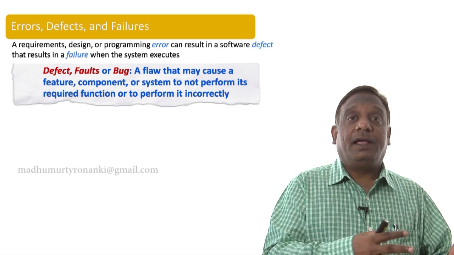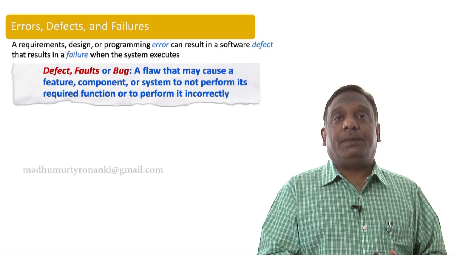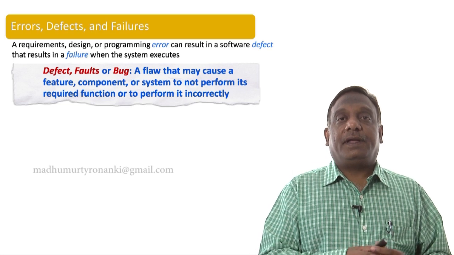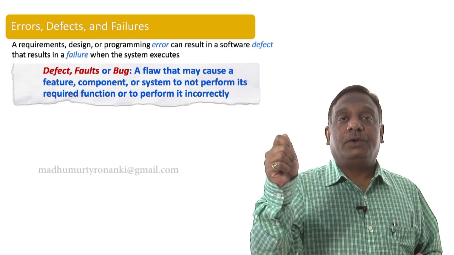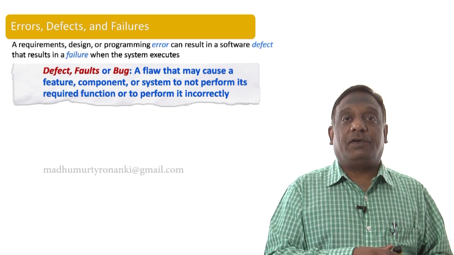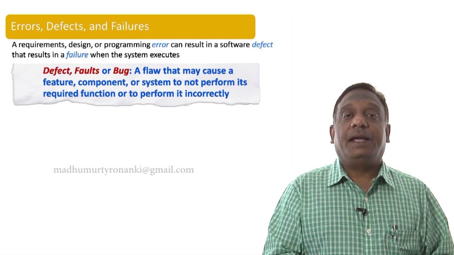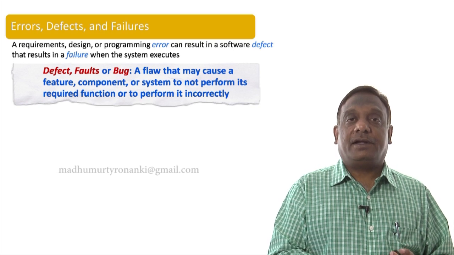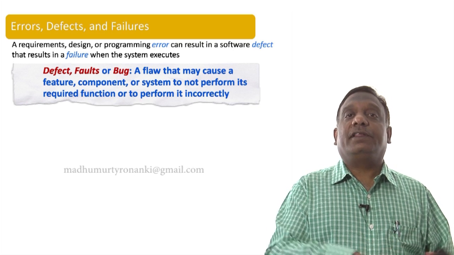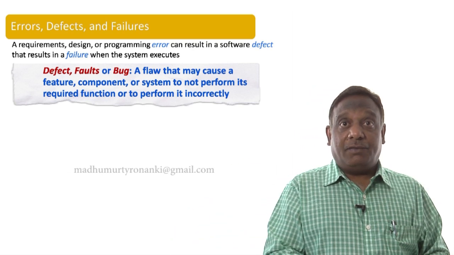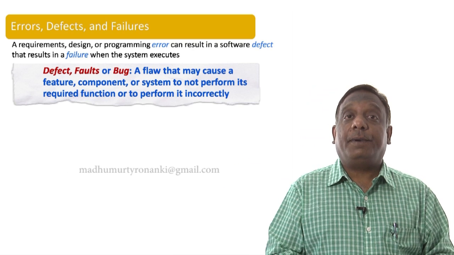So what does it mean? A developer, while developing in a hurry, mistyped less than or equal to instead of greater than or equal to, and did not realize that he or she made that mistake or error. Thought everything is fine and handed over the software from development to testing. So what happened?